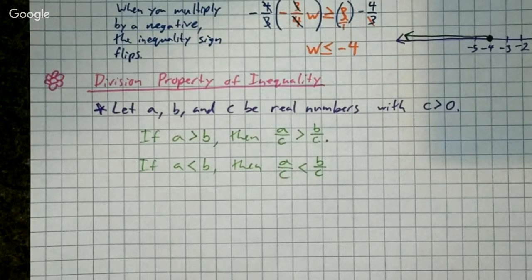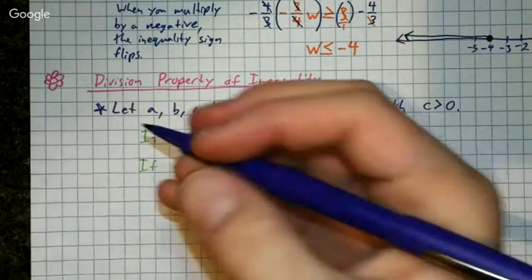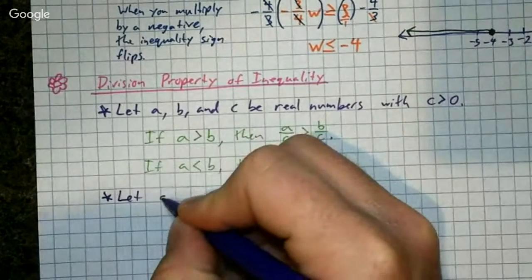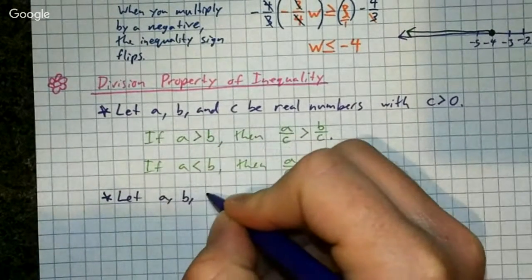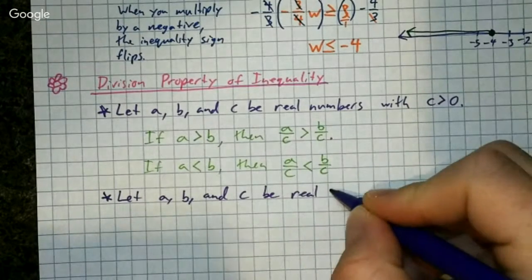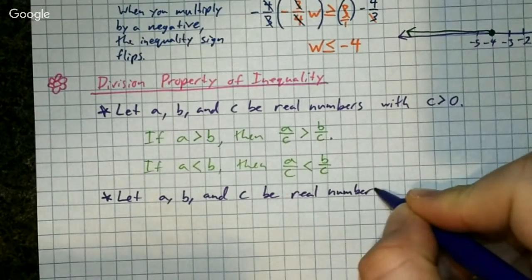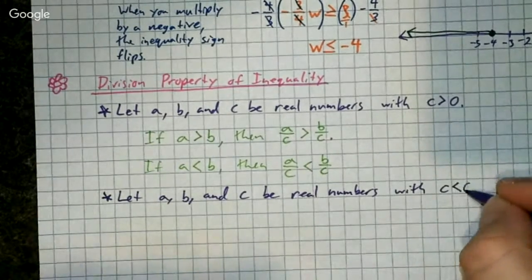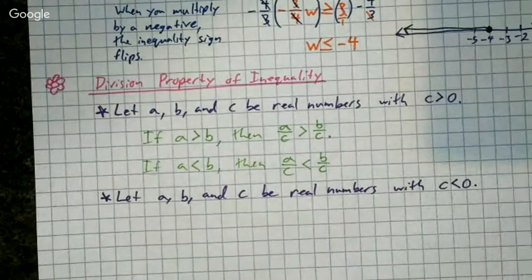If we have C being less than 0, let A, B, and C be real numbers with C being less than 0.